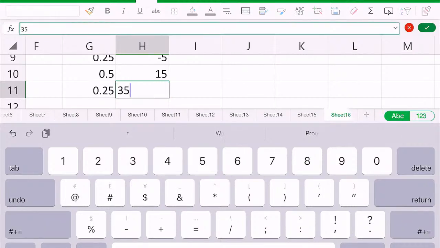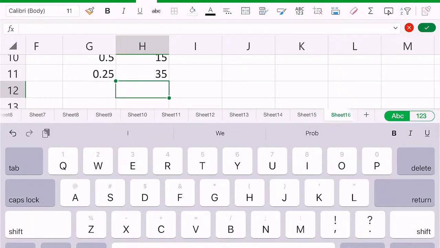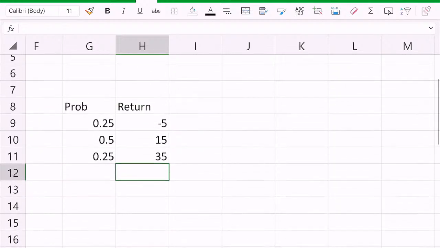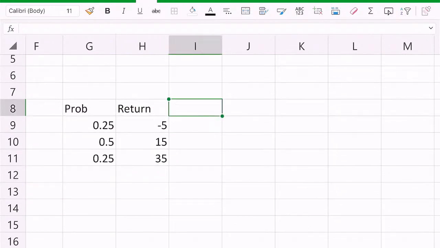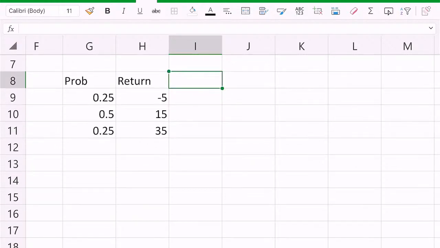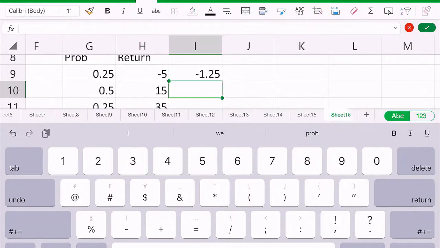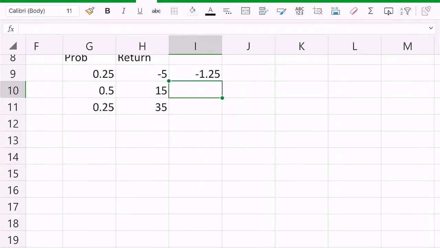And I can leave them like this, as long as I remember they're percentages, should be fine. So now what I want to do is multiply probability times return. And I want to copy that all the way down.